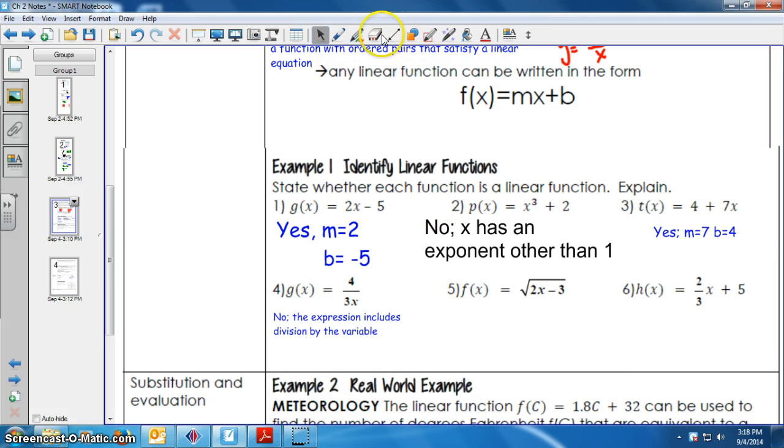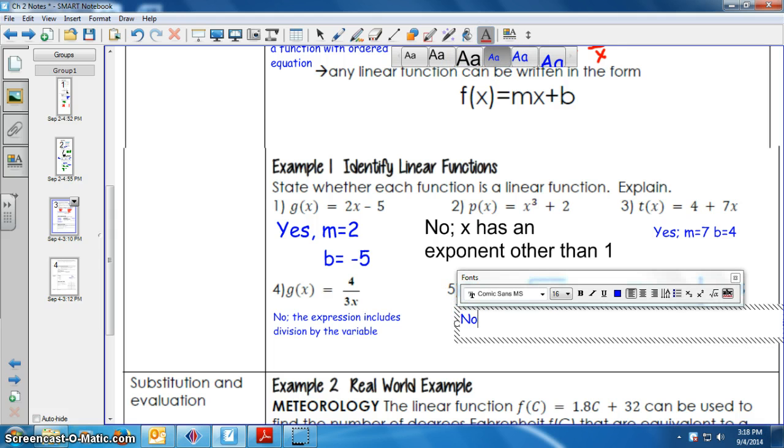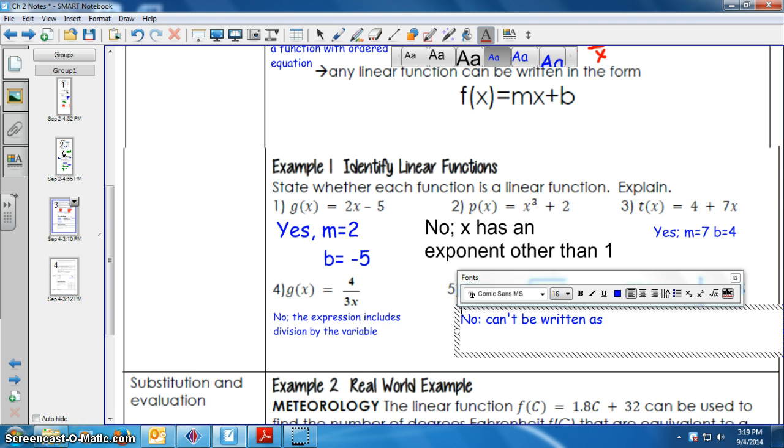And then the next one, number 5. That one is a no because it's got a square root. It can't be written as your y equals mx plus b form when it's got that square root.